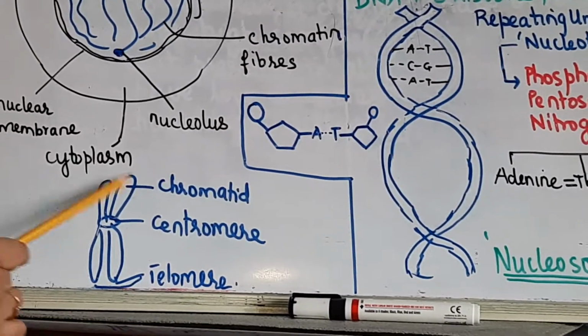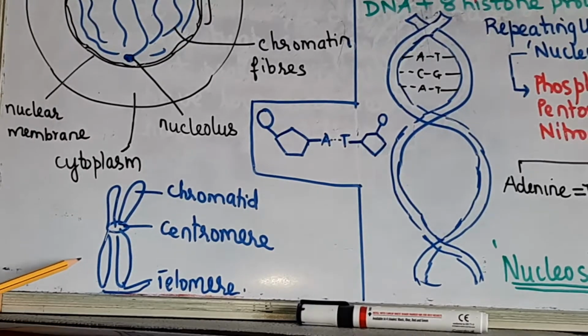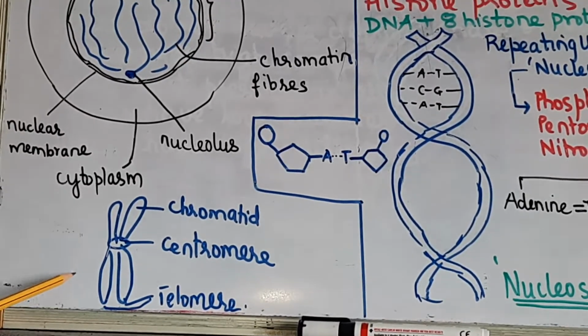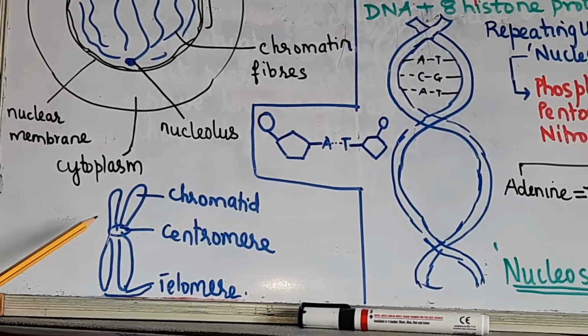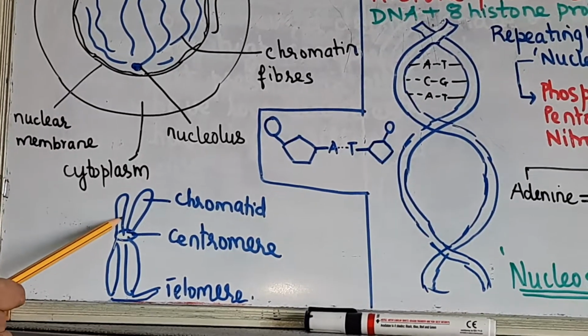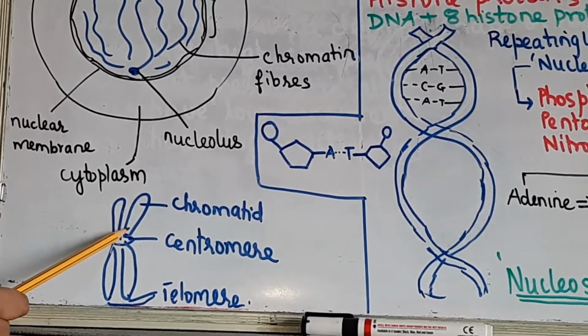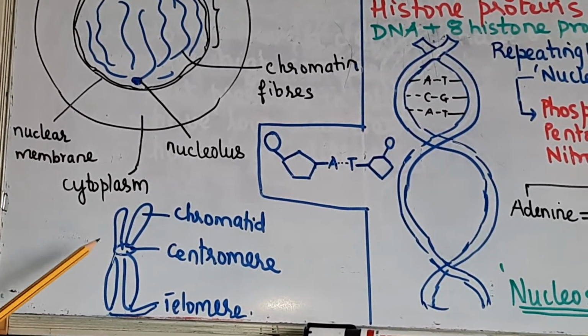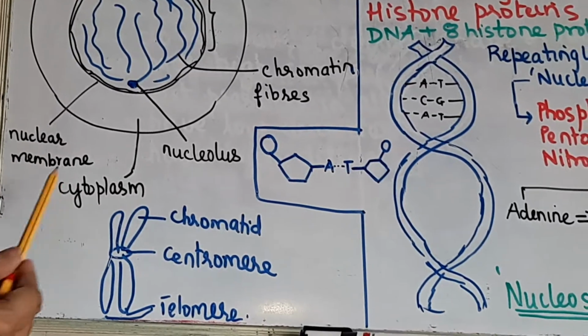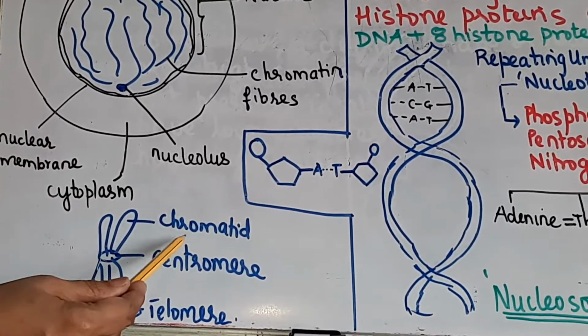This is the diagram of a duplicated chromosome. Just prior to cell division, the chromosome duplicates itself, making a copy of itself, and each chromosome is made up of two chromatids joined at the centromere. Is it clear?